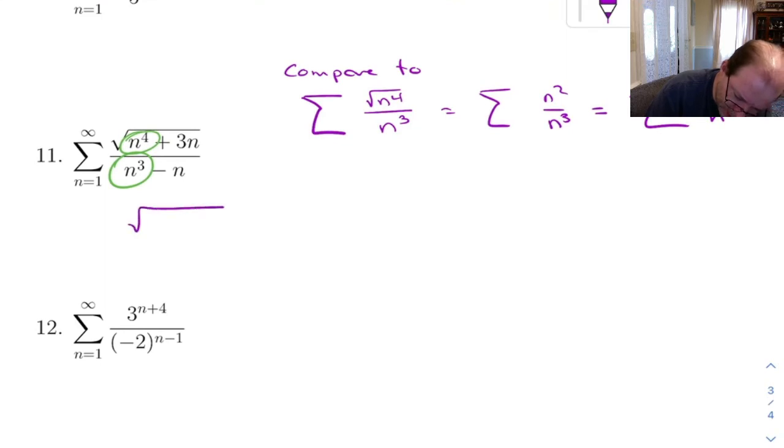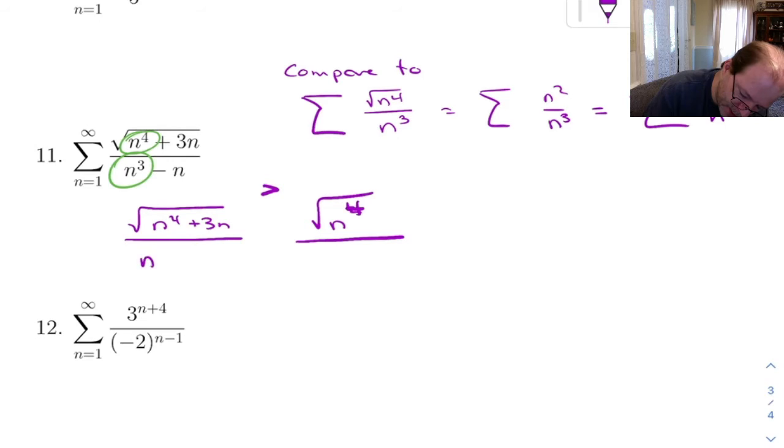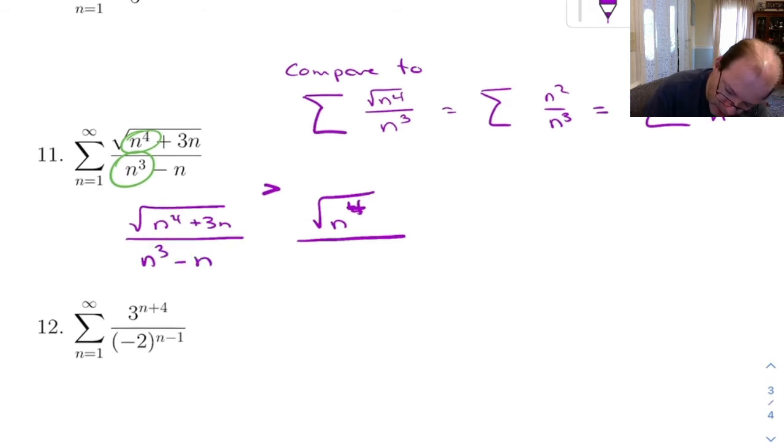Let's see, if I compare n to the fourth plus 3n with n squared, or if I want to, I could write it like this. This over here is going to be bigger than that, so that's going to make this bigger. And then downstairs, n cubed minus n, and compare that with n cubed.